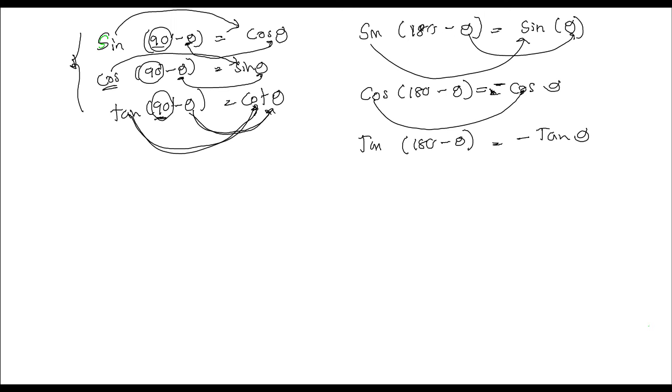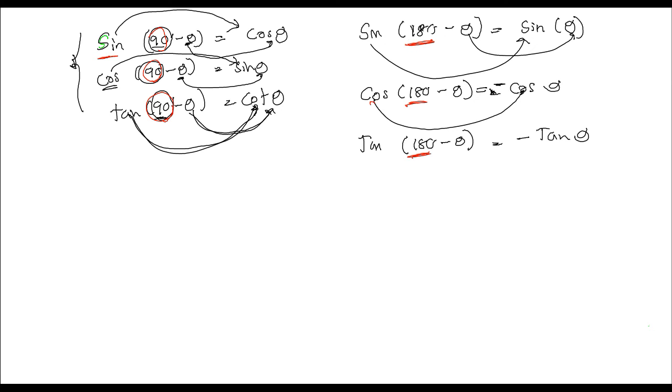Now the important thing to remember here is, whenever you have 90, your trig ratio changed. Sine became cos, cos became sine, tan became cot. But whenever you have 180, sine didn't change.